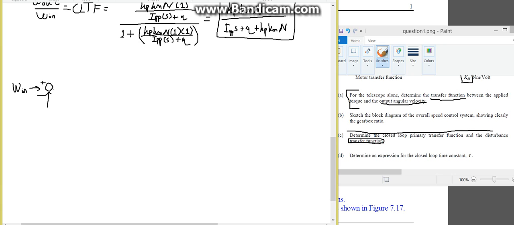Now remember, I did say neglect your input. That's what you were asked for, to just consider your disturbance now. This is the disturbance section. But what's funny about that is we still do draw up a block diagram with your input. However, your input is going to be set to 0 this time.